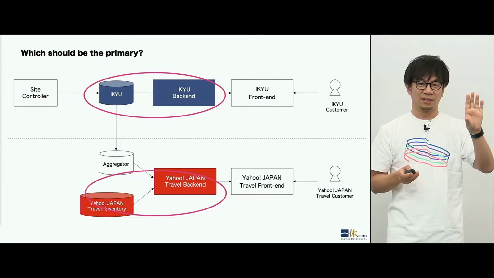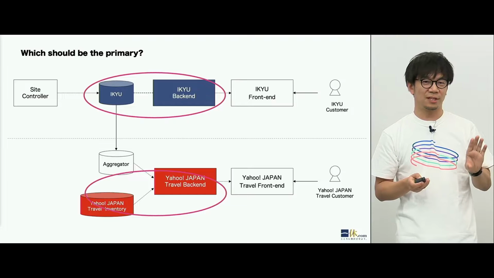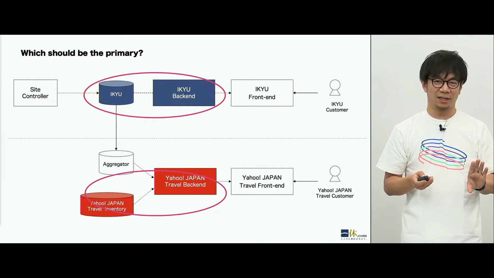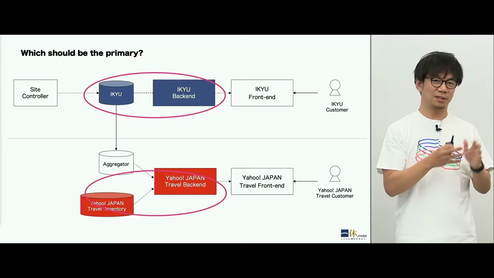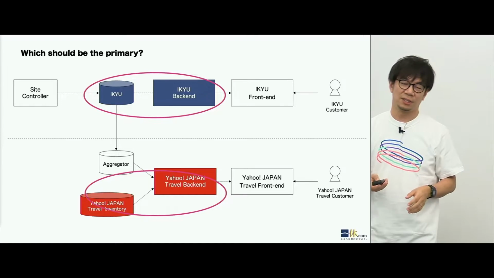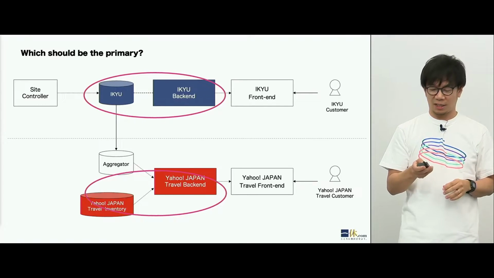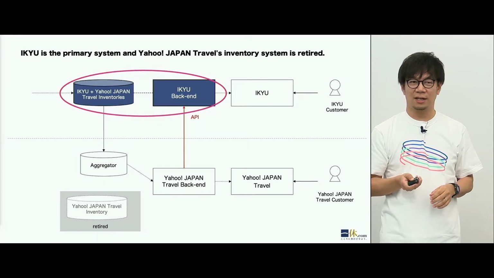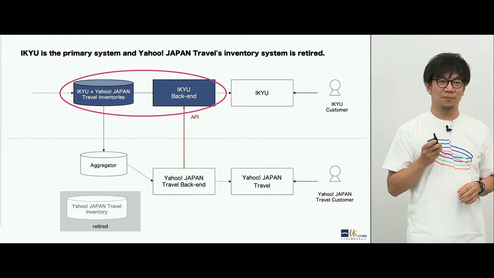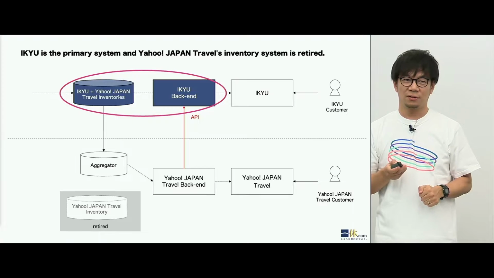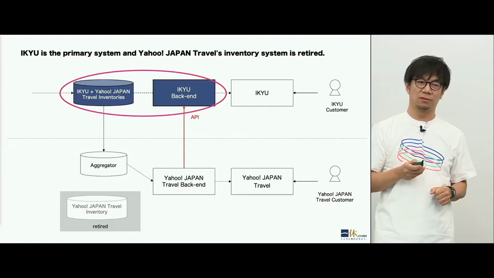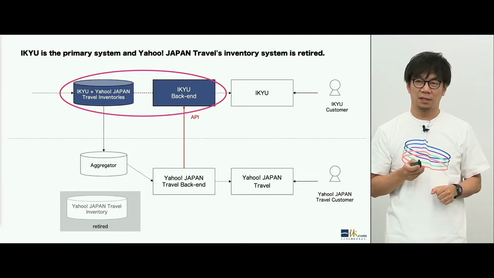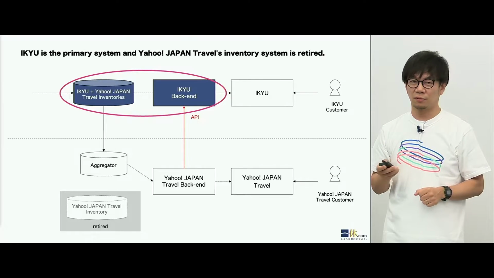So suppose the primary becomes ikkyu.com, this new inventory system on the Yahoo Japan side had to be stopped. And even if we merge, everything can be reset. So this was a very big decision to make. As a result, ikkyu became the primary, and the inventory system of Yahoo Japan was to be retired. That was the decision we made.